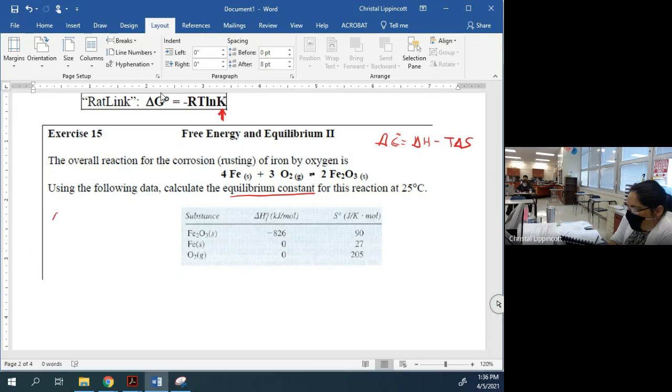You should end up for delta G being a negative 1,490.2. So that you should be able to do in your sleep right now.